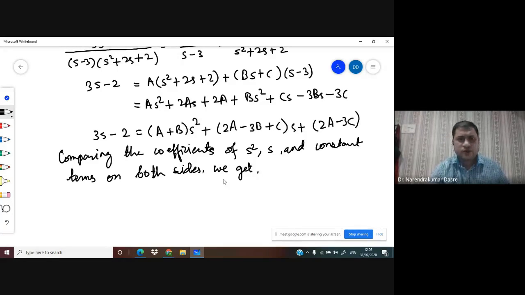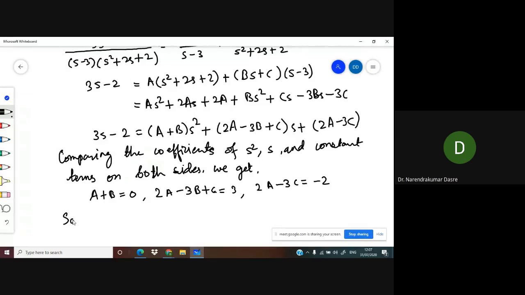We get A plus B. We don't have any term of s square on the left, so we get A plus B is equal to 0. Then we have 2A minus 3B plus C is equal to 3. And then we have 2A minus 3C is equal to minus 2.